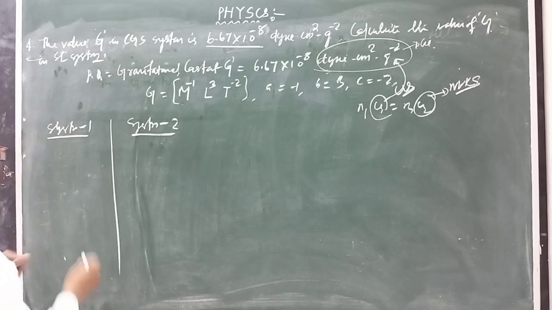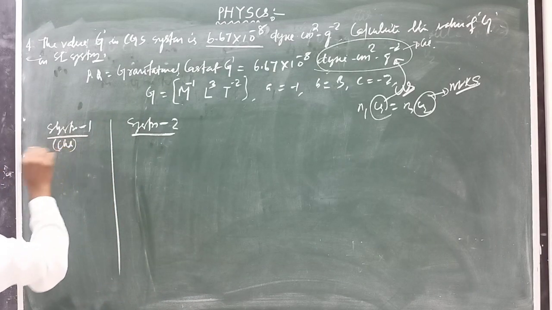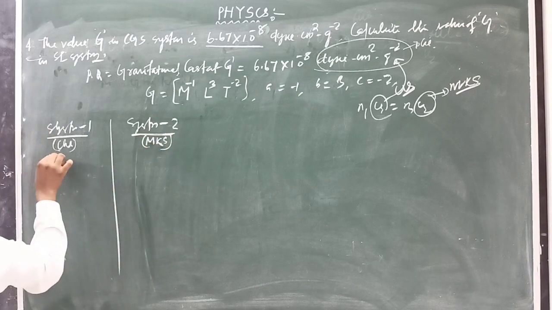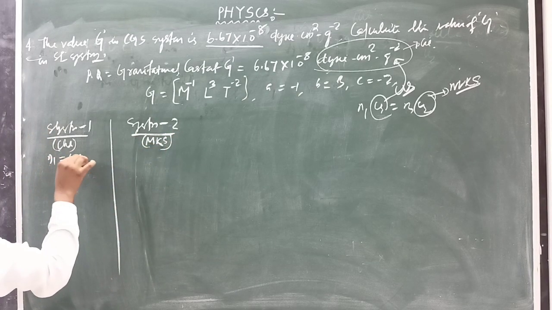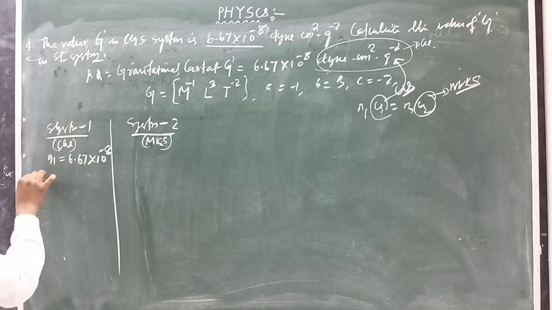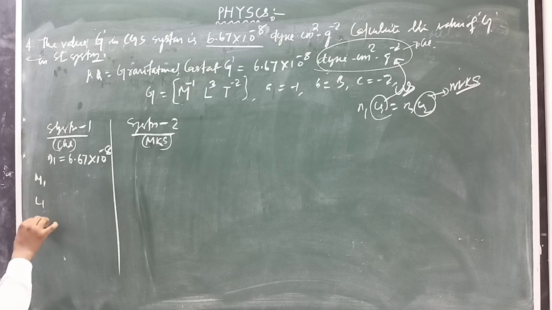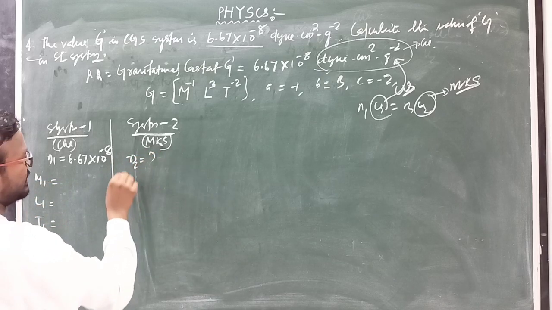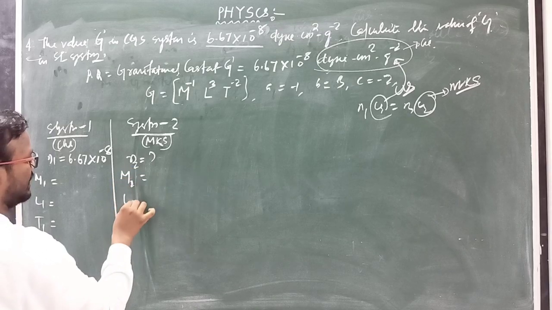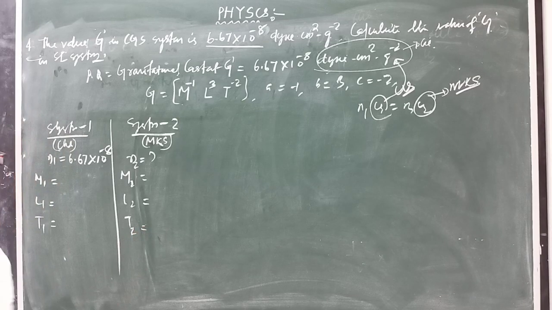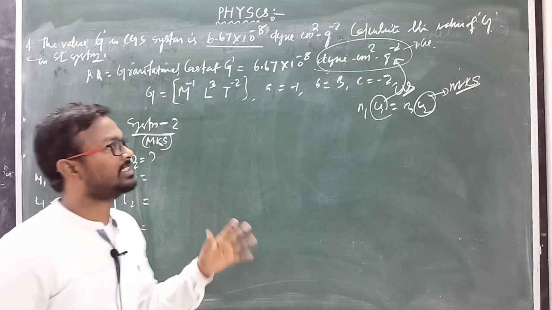So the first system we take is CGS, and the second is MKS or SI. Given N1 equal to 6.67 into 10 to the power minus 8. Similarly you can write M1 L1 T1, and again here N2 you have to find, with M2 L2 and T2. Clear? Okay.